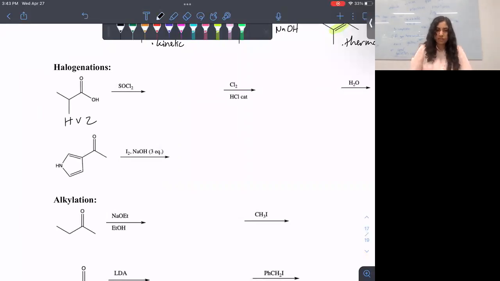The point of an HVZ is to get a carboxylic acid that's halogenated at the alpha carbon. So all we do in the end product is add whatever halogen onto the alpha carbon. The very first step of this reaction, we're giving it SOCl2. So we know the OH turns into a Cl.